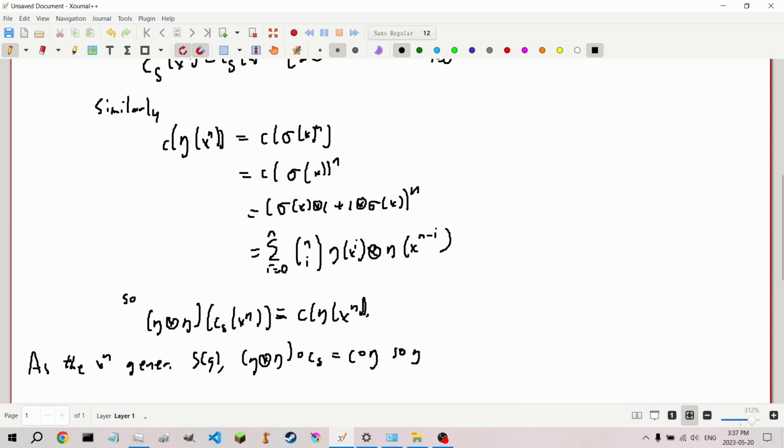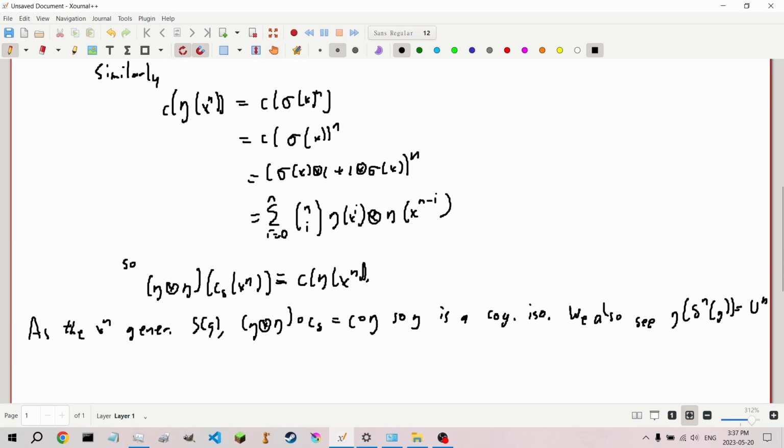So eta is a cogebra isomorphism. We also see that eta of S to the n of G is U to the n, and so we're done our proof.